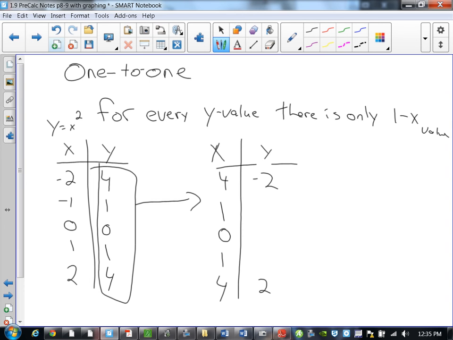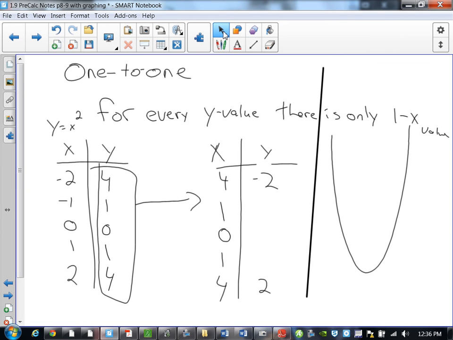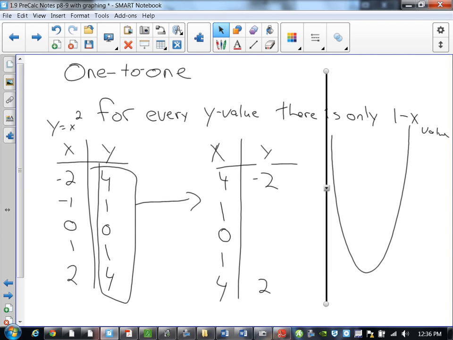If you look at this in the graph, we all know that y equals x squared is just a generic parabola. It is a function because it passes the vertical line test. Remember the vertical line test, if it only touches it in one spot?